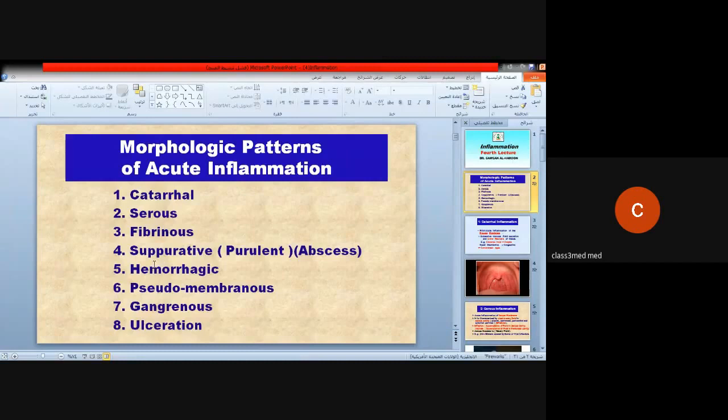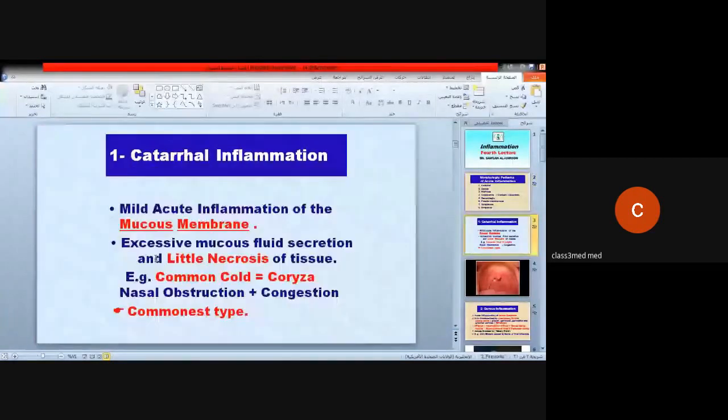Seventh, gangrenous inflammation. And eighth, ulceration or ulcerative inflammation. There are eight morphologic patterns of acute inflammation depending on the causative agent and the character of the tissue which is involved by inflammation. We start first with catarrhal inflammation.